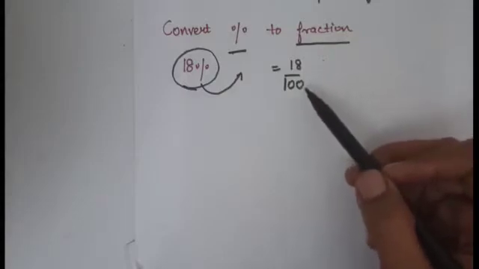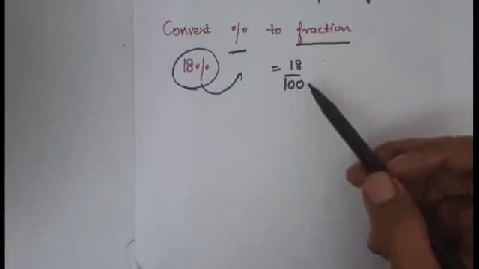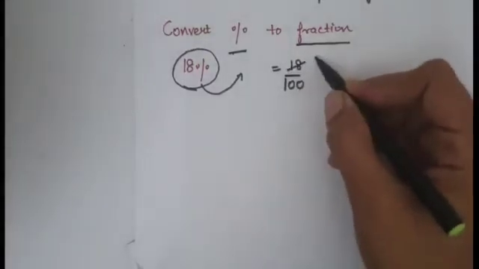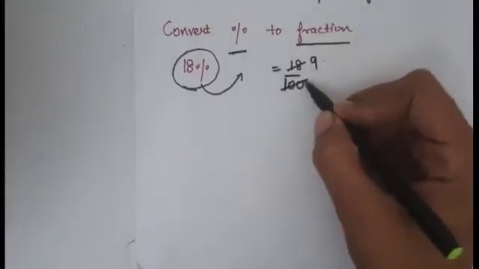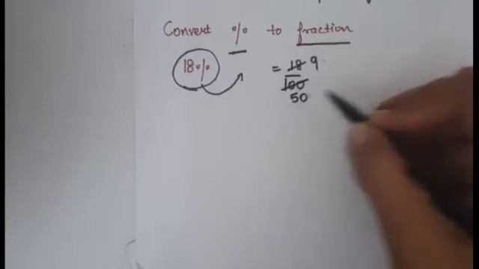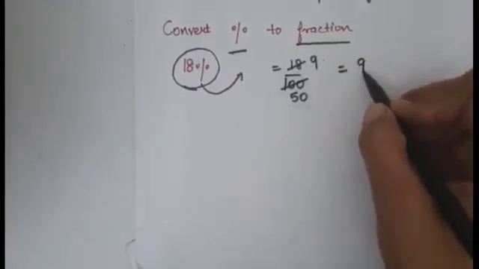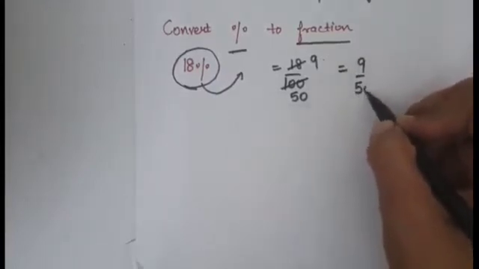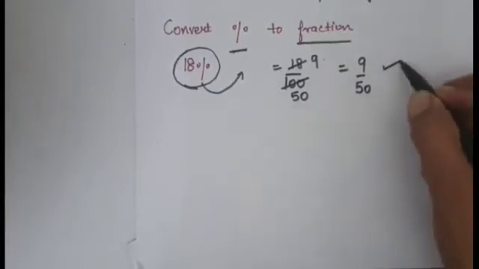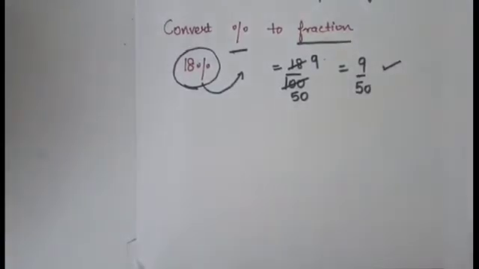But in this case, the cancellation is possible. So we will do the cancellation by the table of 2. What we get? 9 upon 50. So this is the required fraction.